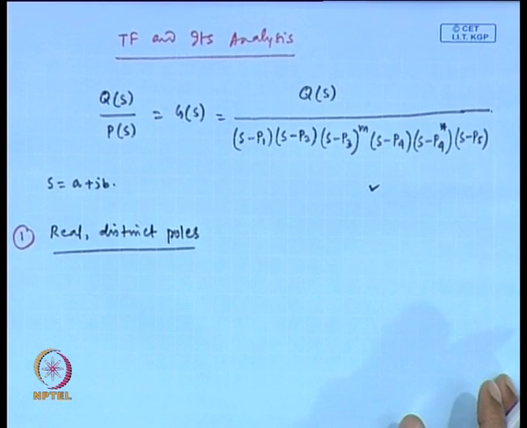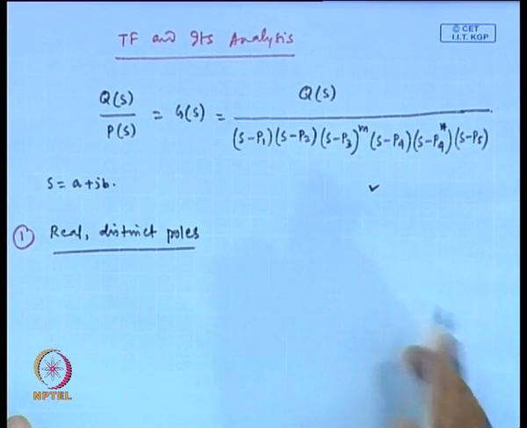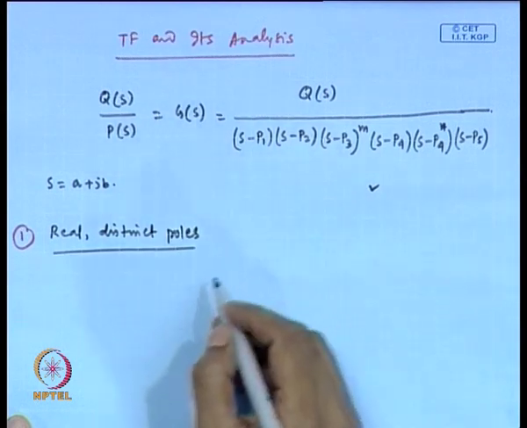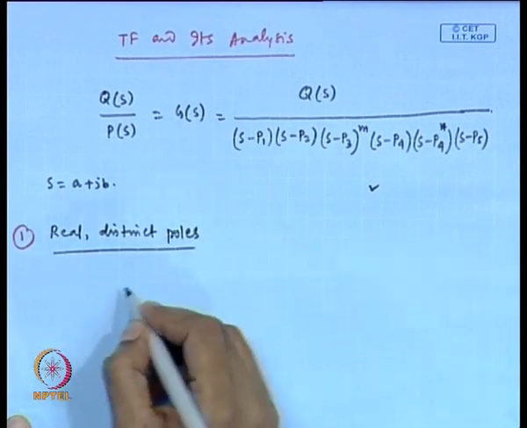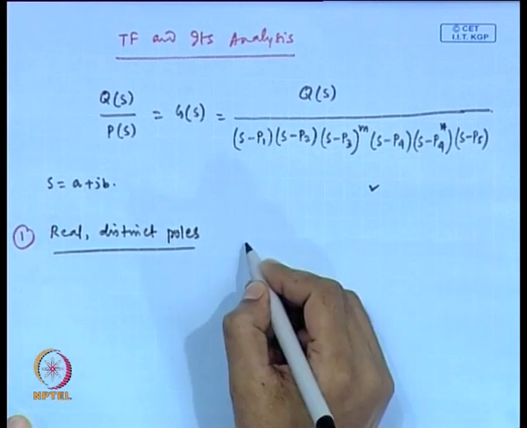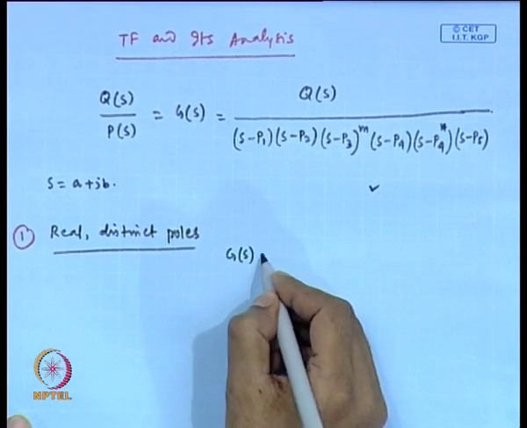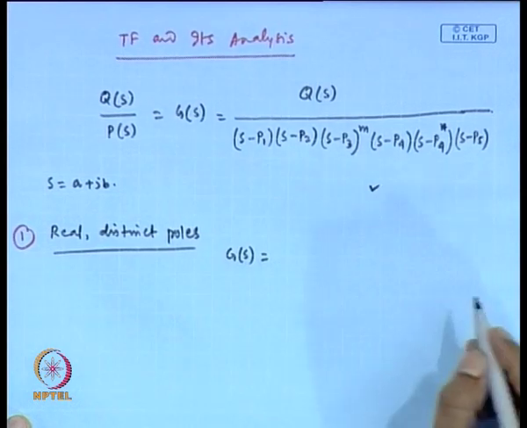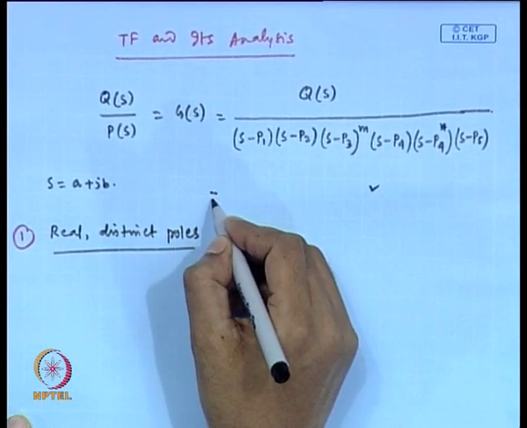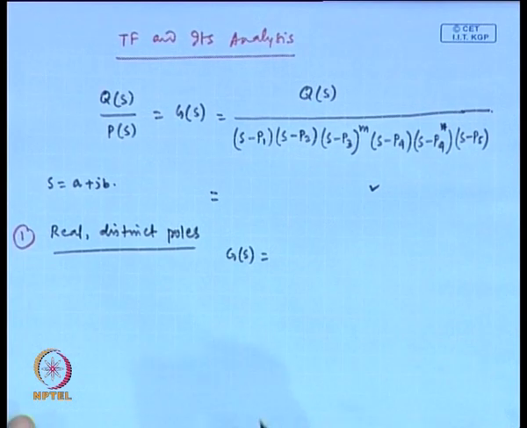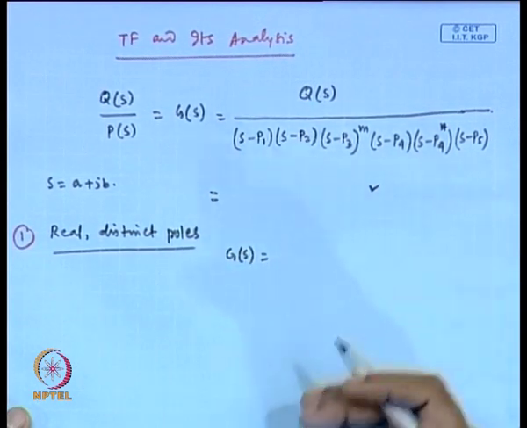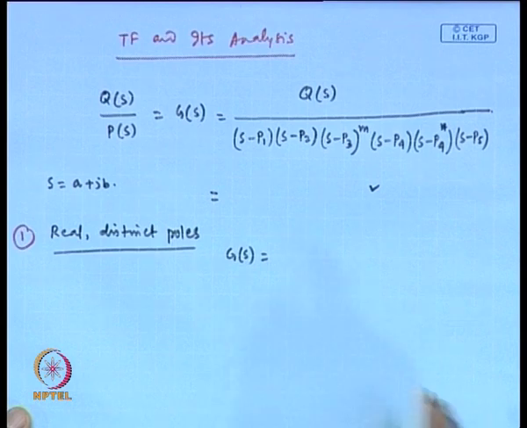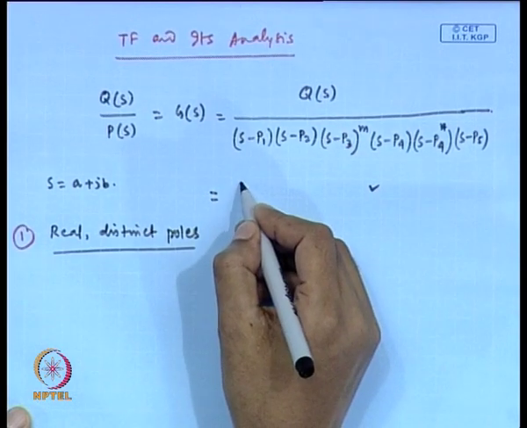Now, to consider this case, we will reduce this general form of the transfer function to this expression G(s) equal to, anyway we can take the partial fraction of this equation before considering the different cases. So, we can write this equation in this way.